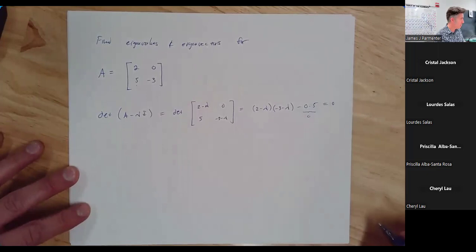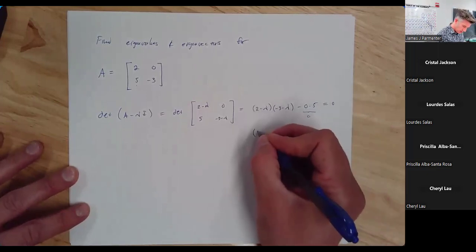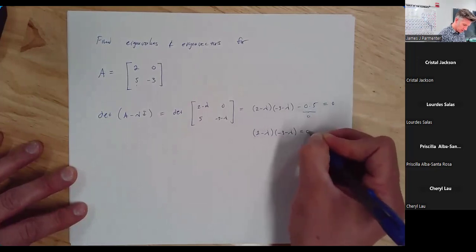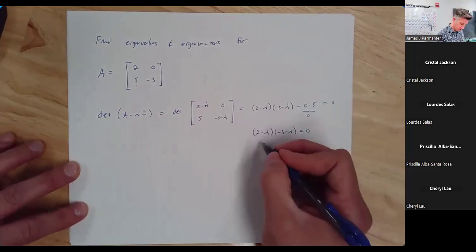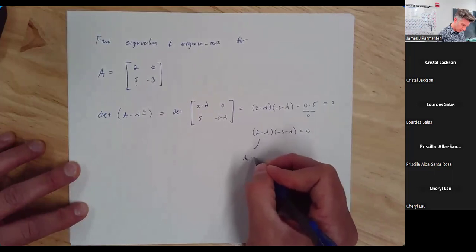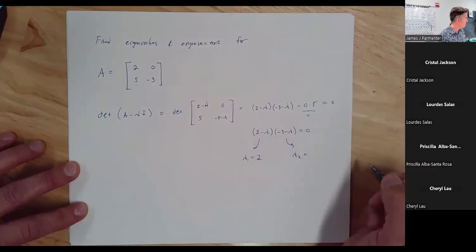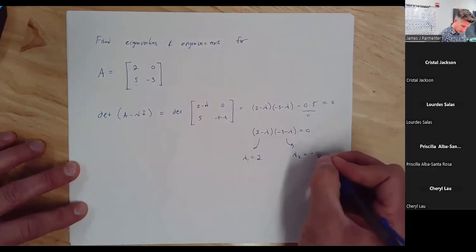That's 0. There's no need to factor here. You've got 2 minus lambda times negative 3 minus lambda equal to 0. Your eigenvalues are lambda 1 equal to positive 2 and lambda 2 equal to negative 3.